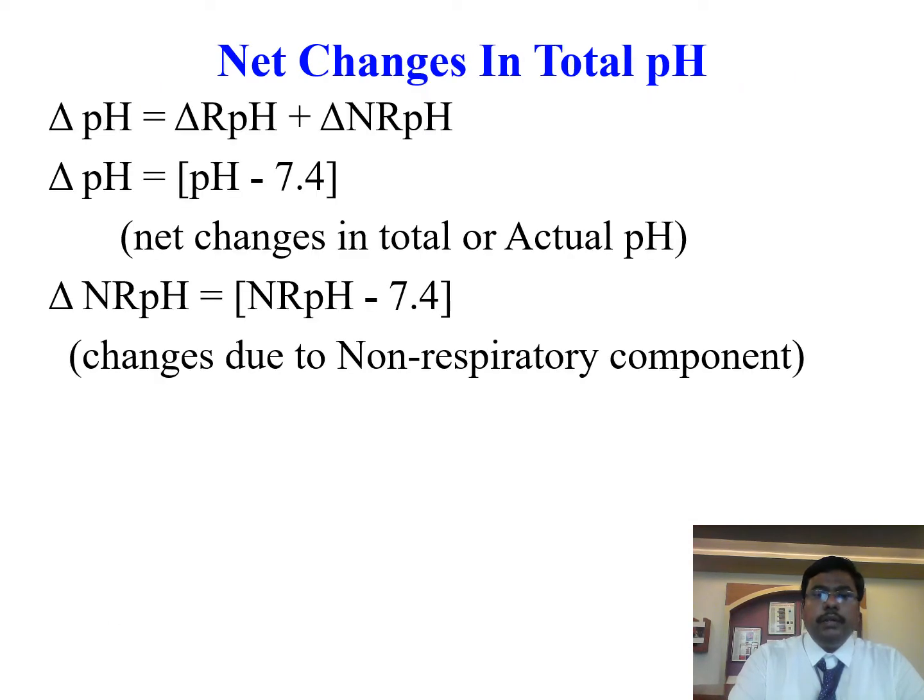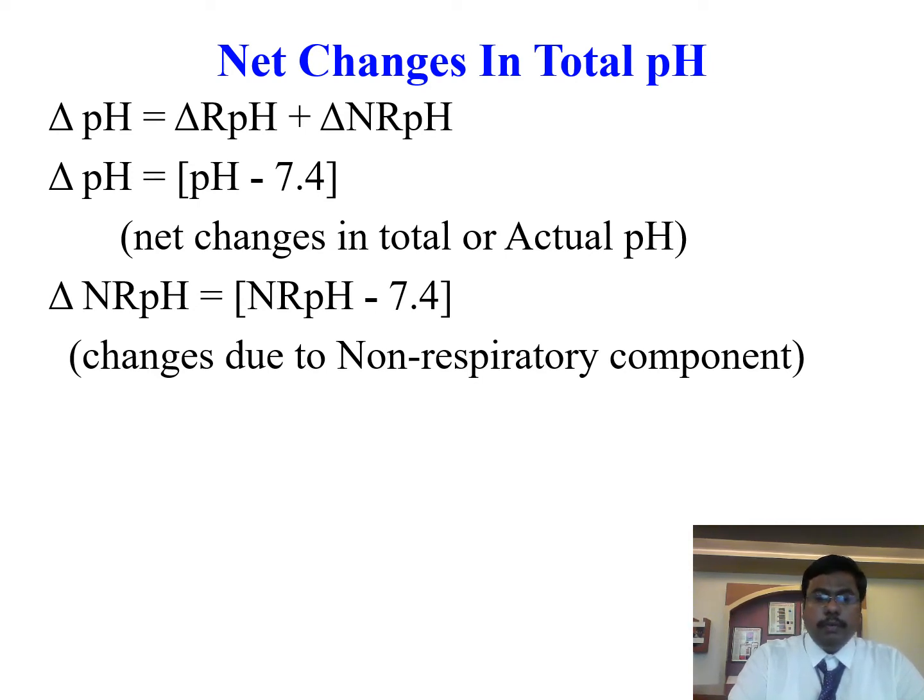Delta pH is equal to pH minus 7.4. This denotes the net changes in total or actual pH.